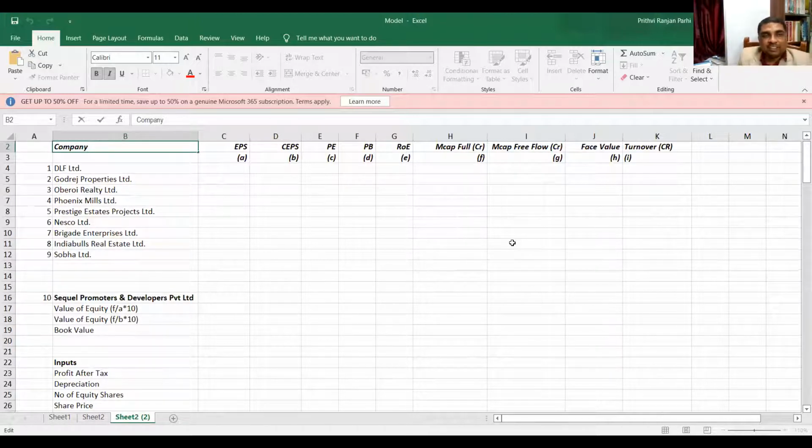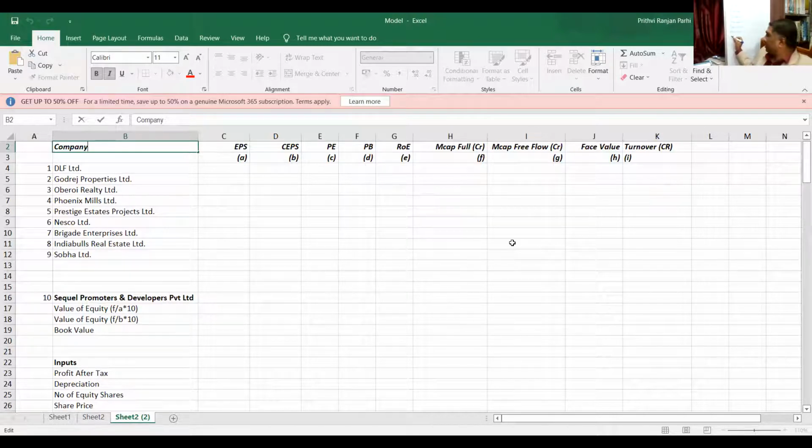Okay, so I need this data first. Let us say I have selected the companies. You just see DLF. I'm also noting down DLF. Then Godrej. Then can you tell me? Oberoi Realty, Godrej Properties. Okay, then Phoenix. Then Prestige Real Estate Projects. Then Nesco.